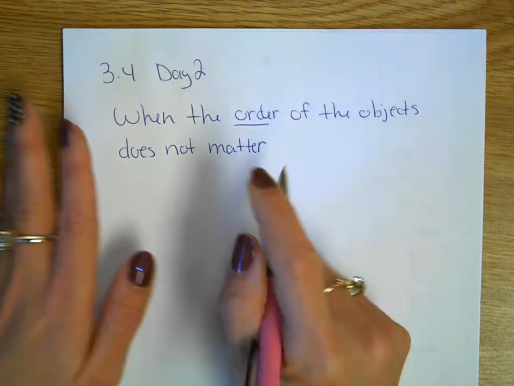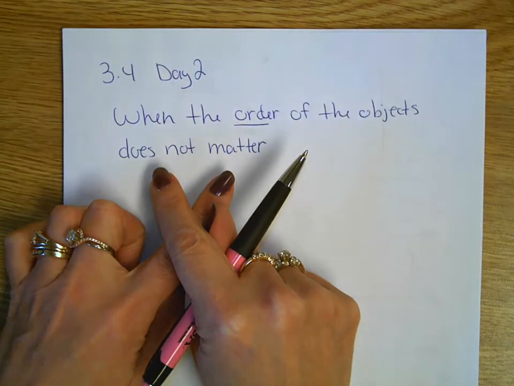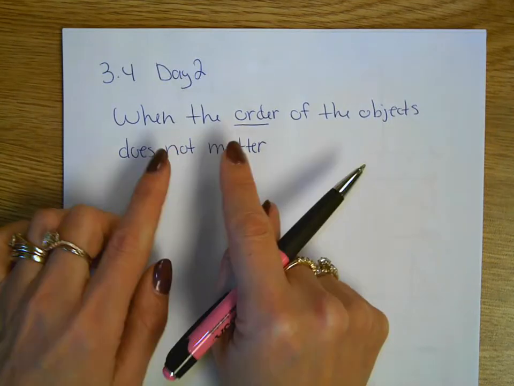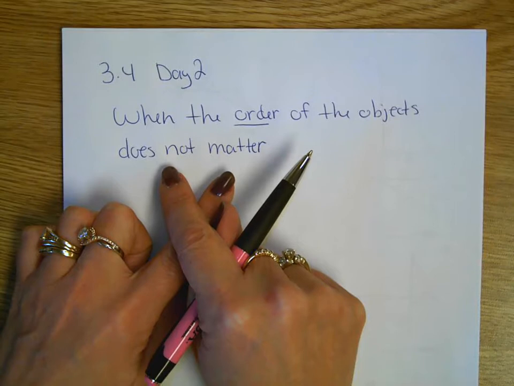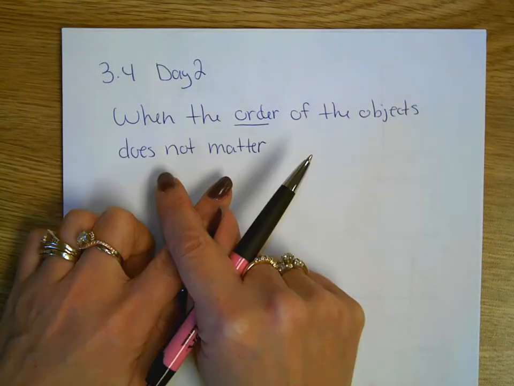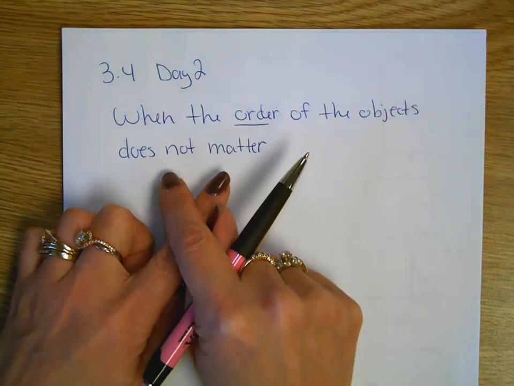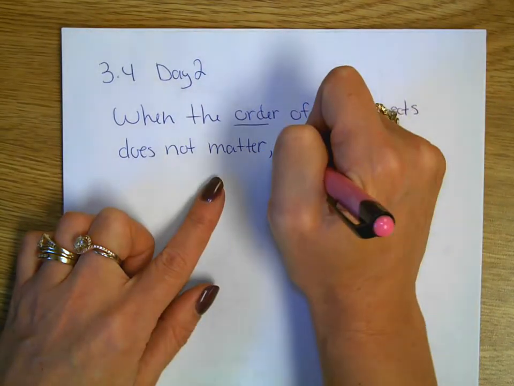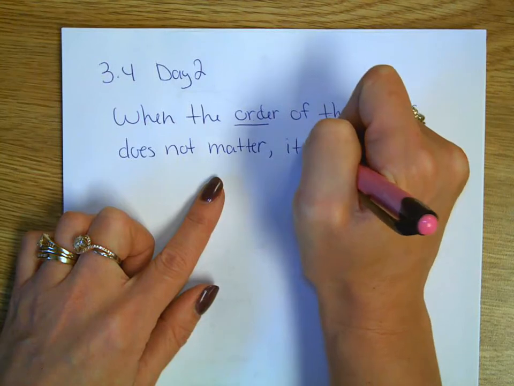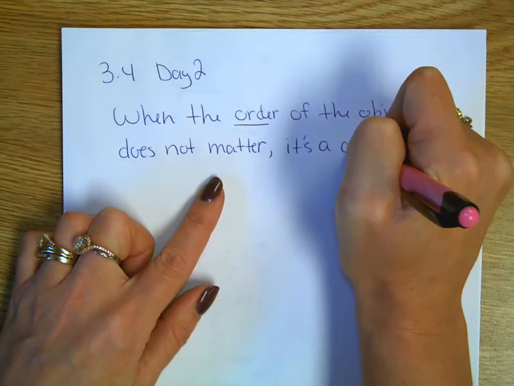And to say it does not matter, when you switch two things, you do not get a new outcome. Okay, that's when we have a combination. So if I switch and it's not a new outcome, that's a combination. If I switch and it is a new outcome, then it's a permutation. So I say does not matter, I'm going for, it's called a combination.